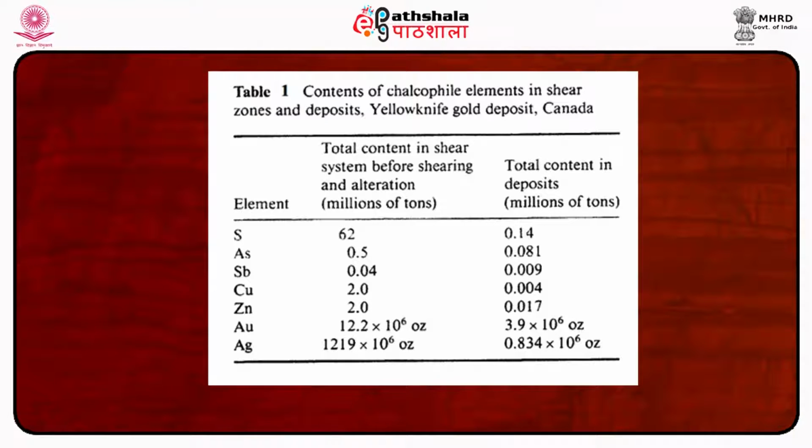It is apparent from these figures that all the elements considered could be derived solely from the sheared rock of the shear zone, and there is no need to postulate another source. Indeed, the difference between the values is almost two or three times in the table, so it may well be that a significant quantity of the chalcophile elements accompanied by silicon moved to higher zones in the crust to form deposits which have now been eroded away.